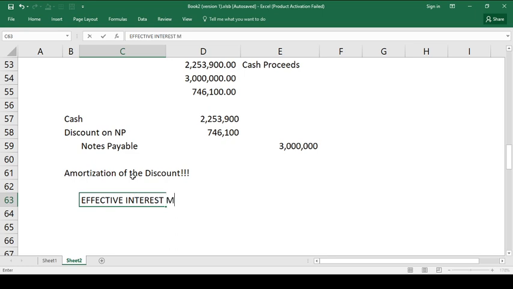Yung effective interest method of amortization sa notes payable is same with the effective interest method discussed on bonds. So I will not discuss anymore the effective interest method under this session, considering that I have already prepared a discussion video related to effective interest method.